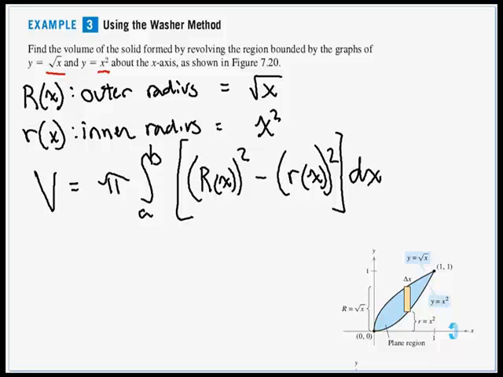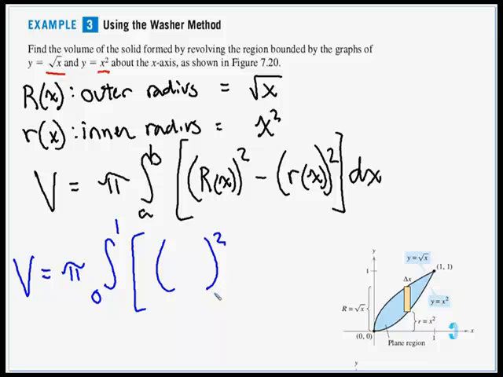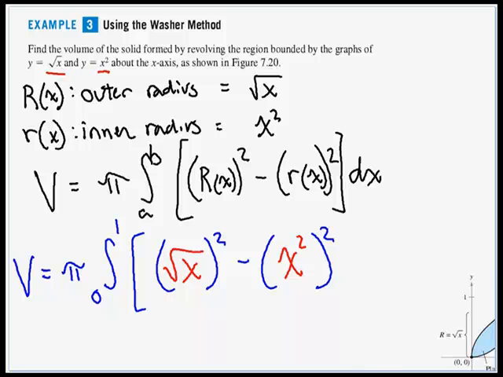So let's plug in the one specific to our problem. Volume equals pi, and we are integrating from 0 to 1. Our outer radius, capital R of x, we're going to take whatever that is and square it, and we're going to minus our inner radius, or lowercase r of x squared. Our outer radius was square root x. Our inner radius was x squared. Give me a little room there so I can throw my dx at the end.